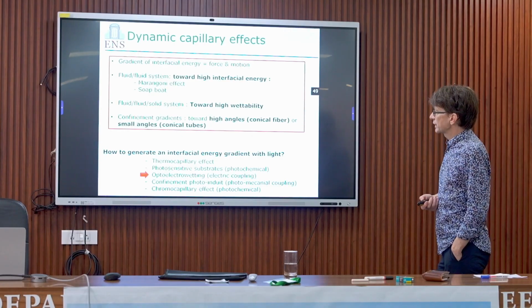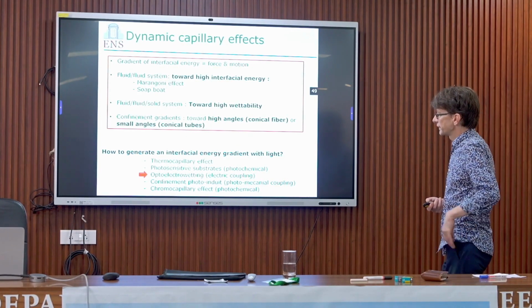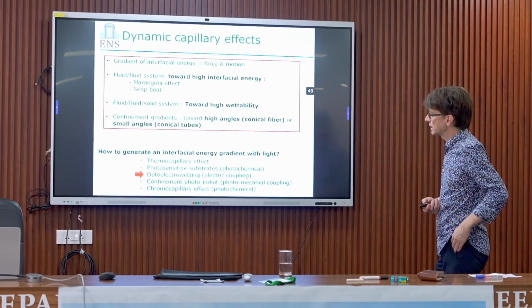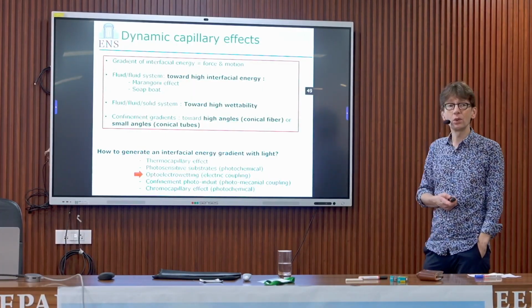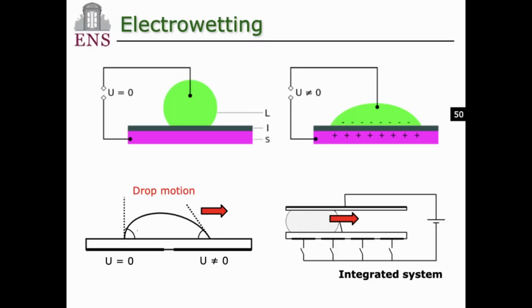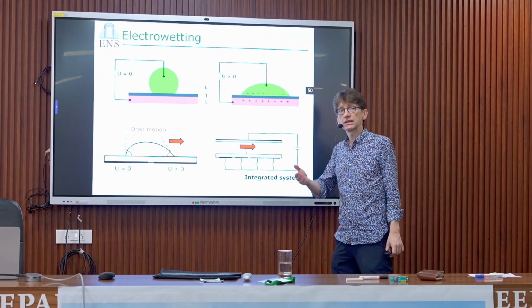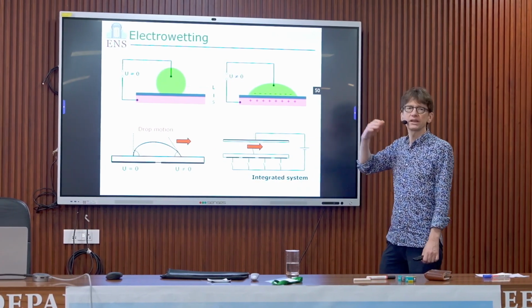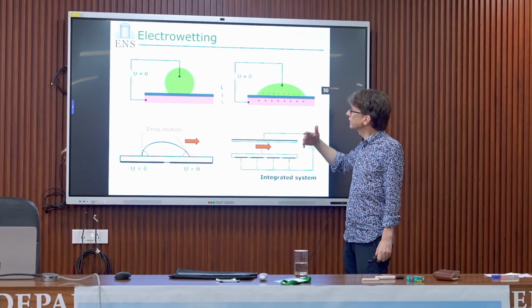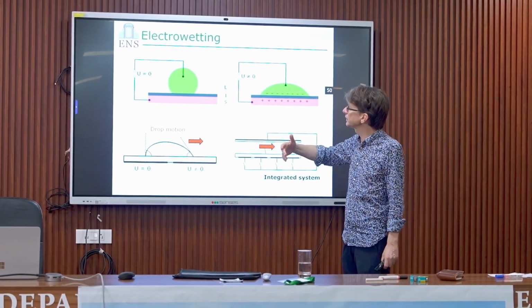There is something I find quite interesting, in terms of concept at least, which is this idea of optoelectrowetting. Electrowetting was discovered by Lippmann in the 19th century, and it took 150 years for people to reconsider this as an interesting behavior.